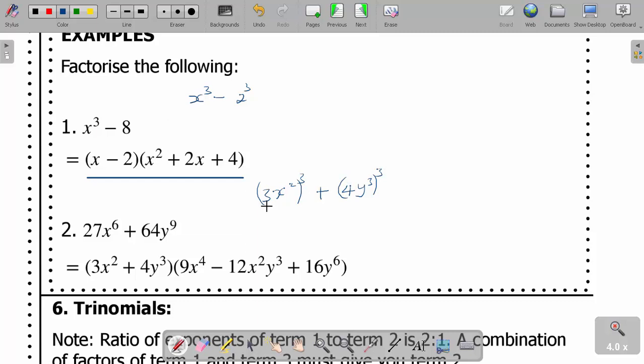Why? Because 3 to the power 3 is 27, then x squared power 3 is the same as x power 6. And then 4 to the power 3 is 64, and then y cubed is y power 9. So it's the same thing.